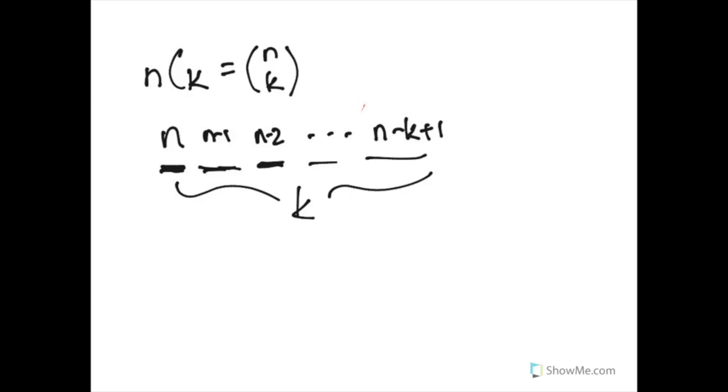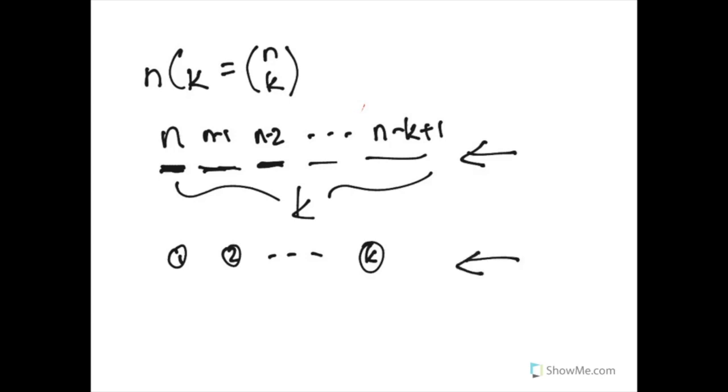And so we need to figure out how to get rid of all of these over-counted bits. Essentially, if I have k objects, how many different ways can we arrange the same k objects in different orders? And all that we have to do to get a formula for n choose k is to divide out whatever result that we got here by whatever result we got here.